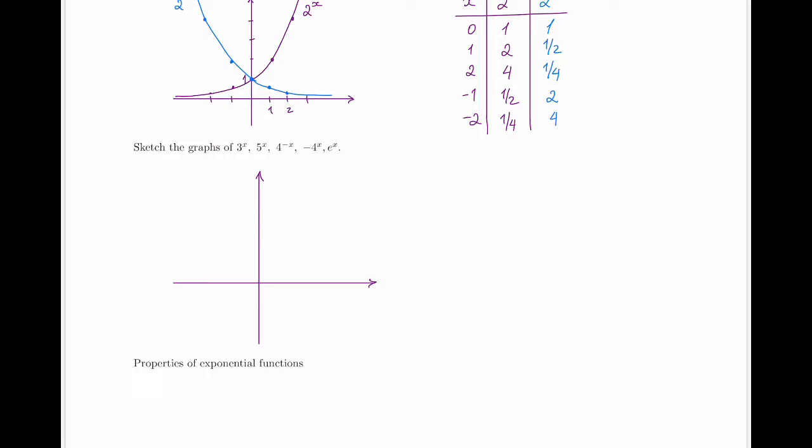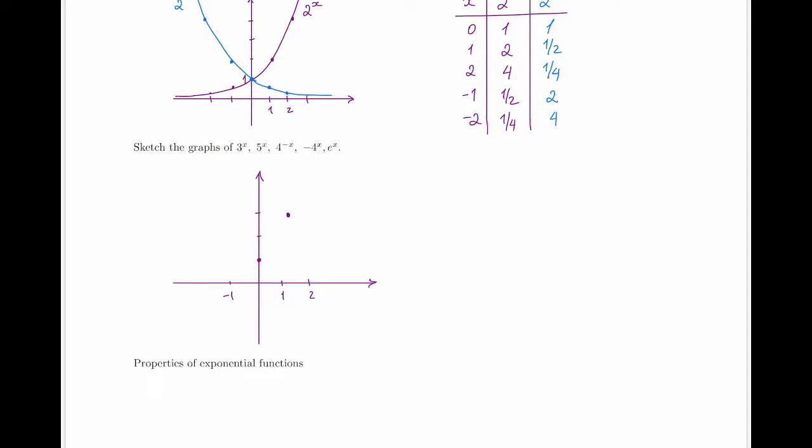So first of all, let me start with, let's say, 3 to the x. If x is 0, my graph is going to have a 1 as the intercept because 3 to power 0 is 1. Then if I plug in x equals 1, I'm going to have a 3. And if I plug in 2 and so on, my graph is going to grow.